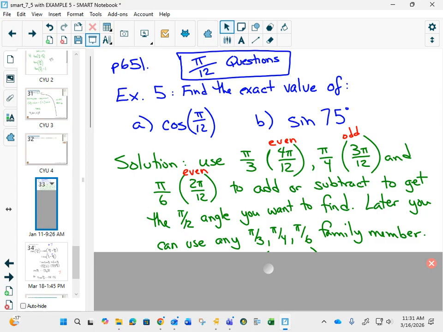We use the ones that we have on our pi plate, which is our pi over 3 family, our pi over 4 family, and our pi over 6 family. And we pick 2 of them that add or subtract to get the angle you want.